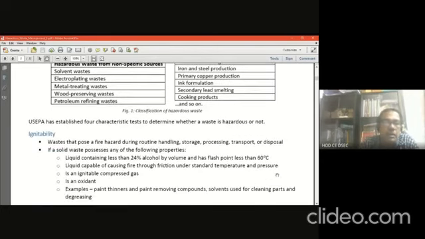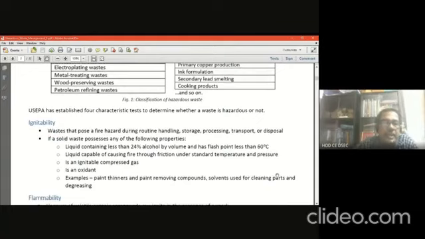Now, we already defined the characteristics like ignitability, flammability, corrosivity. These are the things we have already described earlier, but let us give some examples of them. What do you mean by ignitability?